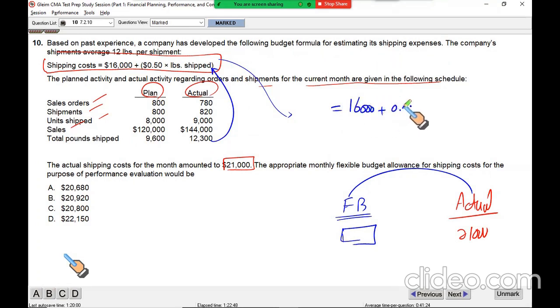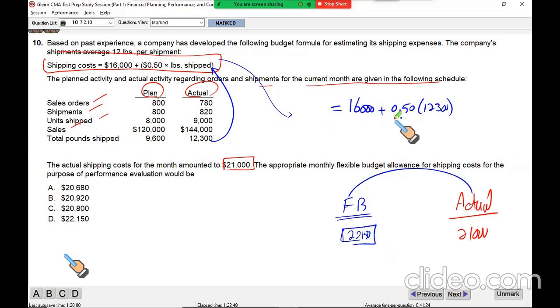Then every pound we ship costs us $0.5. How many pounds are we going to ship? 12,300. So multiplying 0.5 with 12,300 plus 16,000, as per my flex budget, my cost should be 22,150.